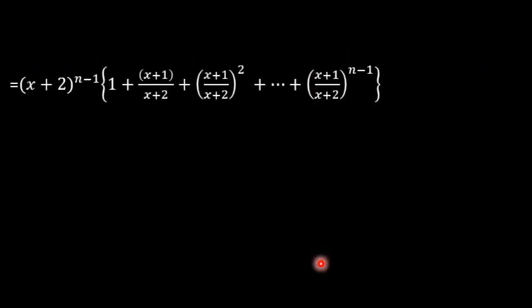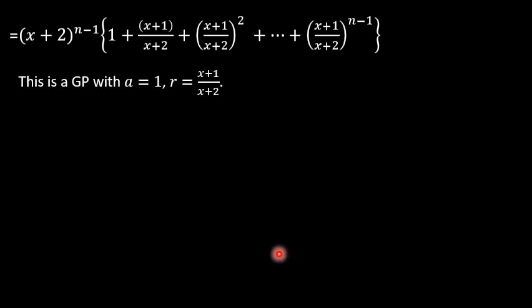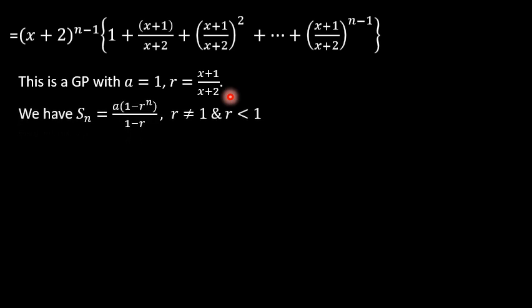So you can observe that the series inside the bracket is nothing but a geometric progression, with the first term a as 1 and the common ratio, which is succeeding term by preceding term, (x+1) by (x+2) divided by 1, which is nothing but (x+1) by (x+2). So we have first term as 1 and common ratio as (x+1) by (x+2). Clearly, the series inside the bracket is a geometric progression.